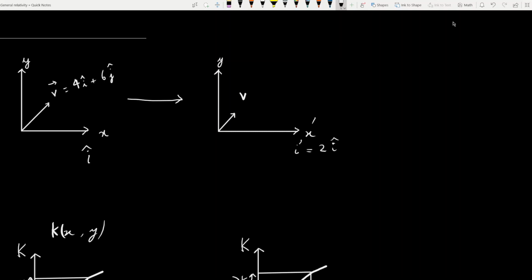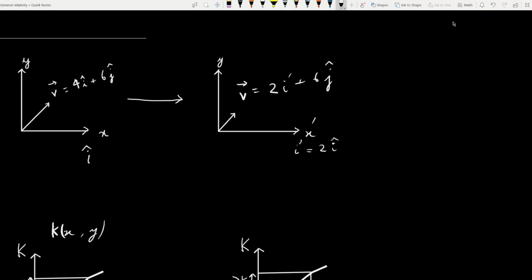Well, it turns out that v becomes equal to... now our transformation only took x to x primed. It didn't change the y coordinate, and our i hat basis vector was changed to i primed, where i primed is equal to 2i hat.